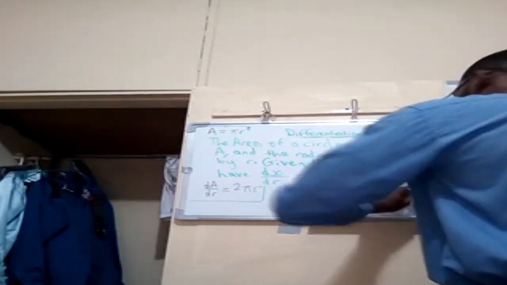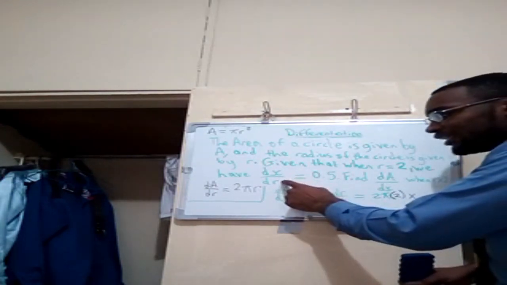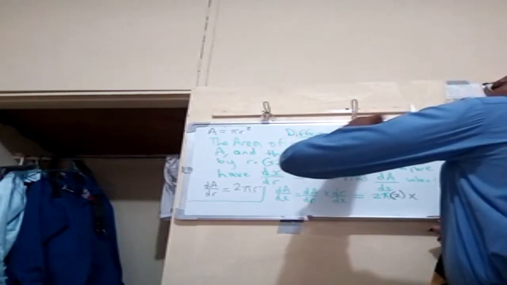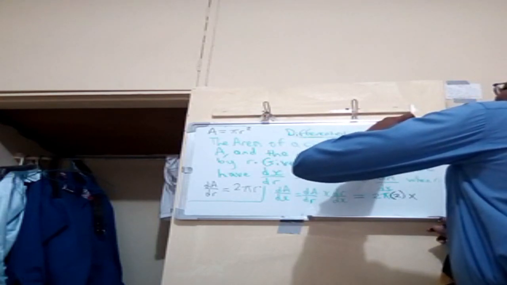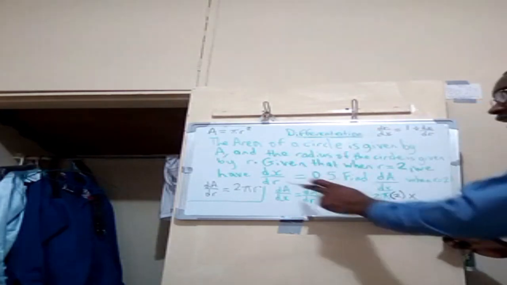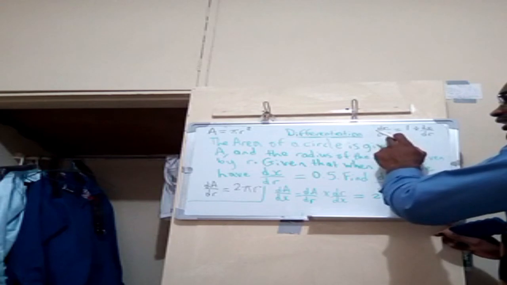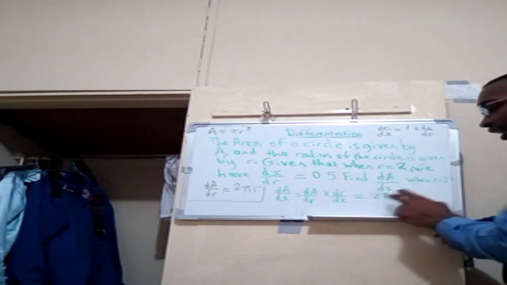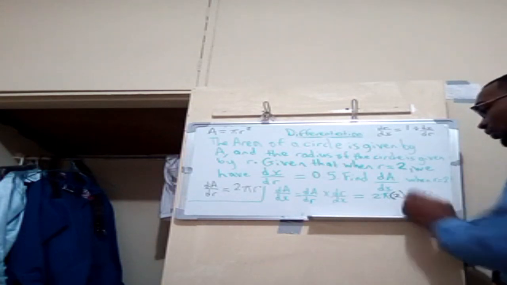times dr by dx. Now look at this, dx by dr is 0.5, and so dr by dx is equal to 1 divided by dx by dr. And so dr by dx is 1 divided by 0.5, which is 2.